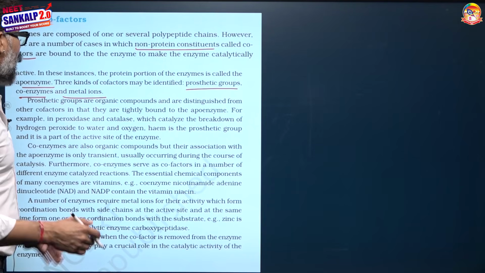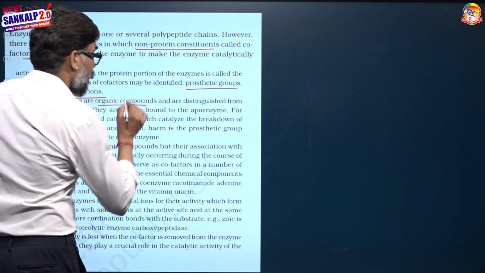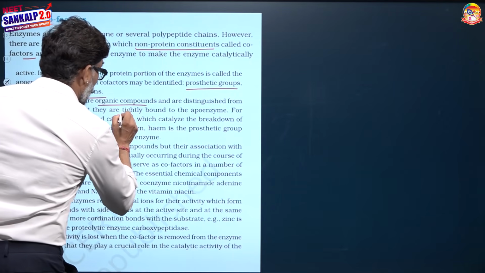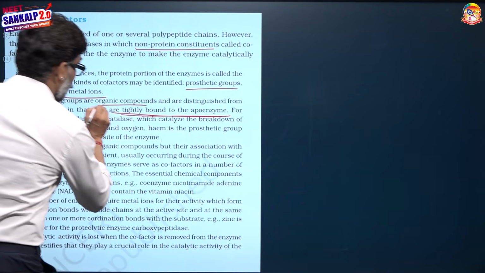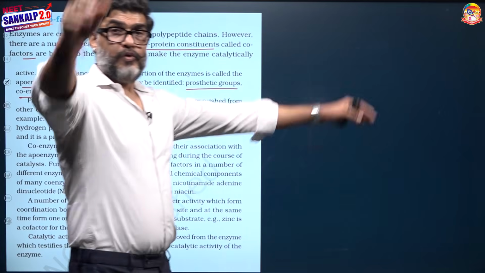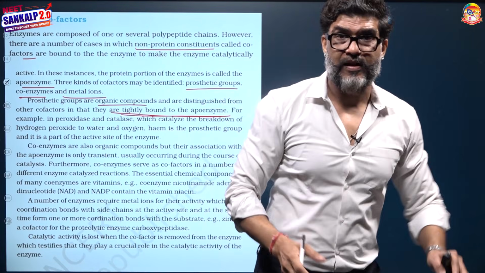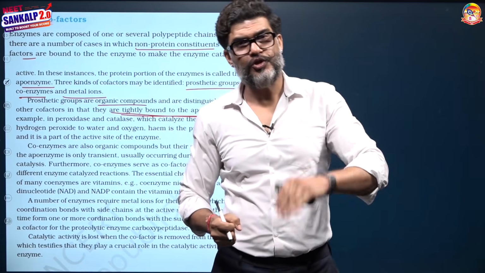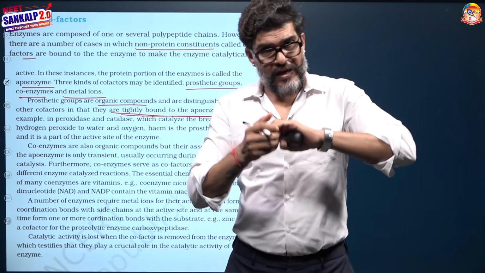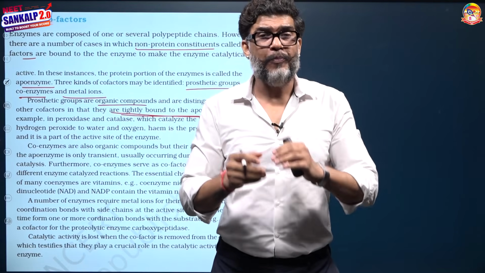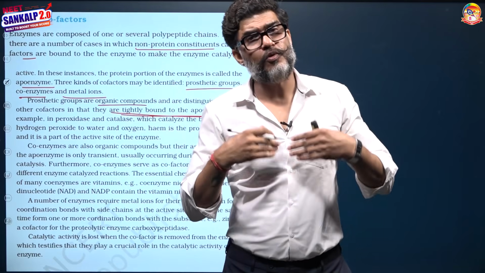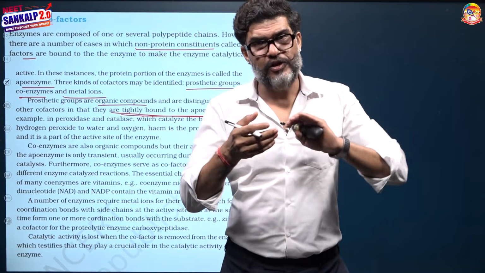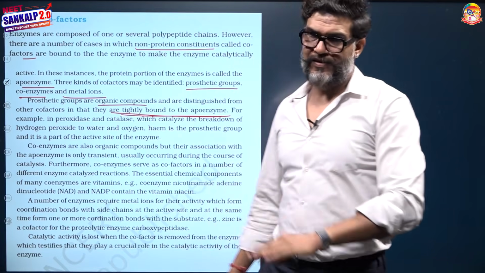Prosthetic groups are organic compounds and are distinguished from other cofactors in that their binding with the apoenzyme is very tight. So whenever any cofactor attaches with the apoenzyme firmly, tightly, it is called a prosthetic group. If it joins with the apoenzyme loosely, it is called a coenzyme. Or if it is inorganic and the joining is loose, it is called a metal ion.